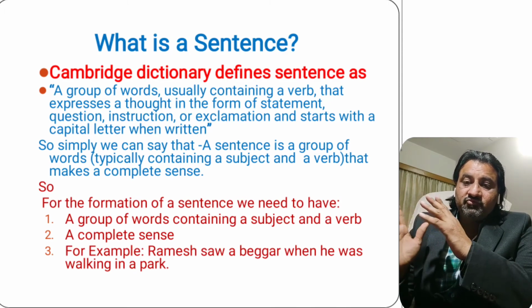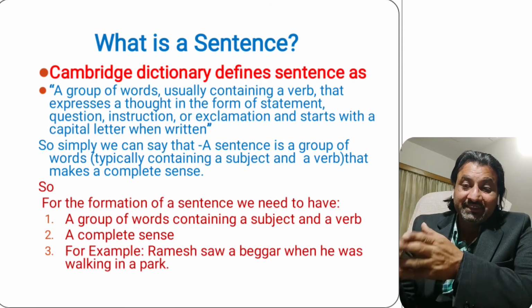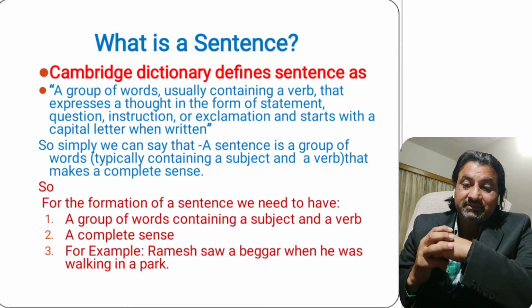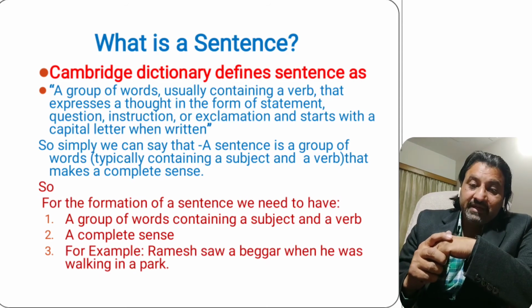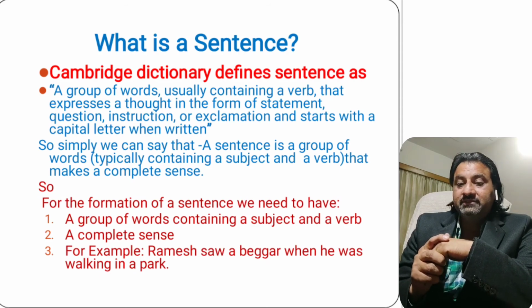So for the formation of a sentence, we need to have a group of words containing a subject and a verb and a complete sense. Both these things are imperative for the formation of a sentence.